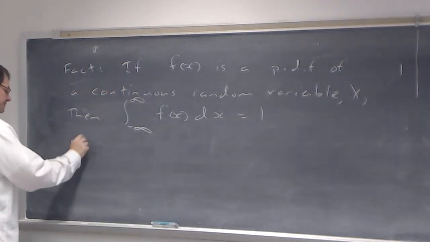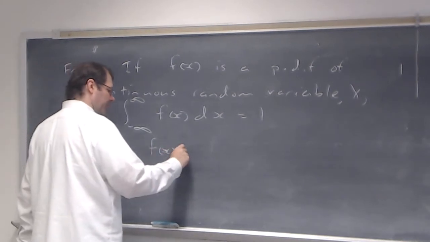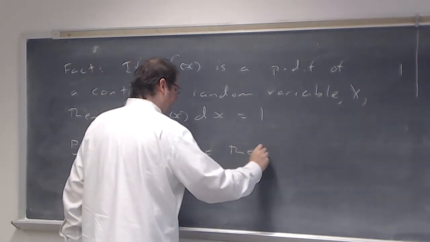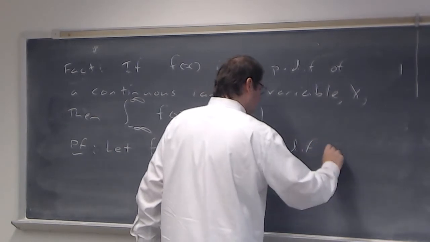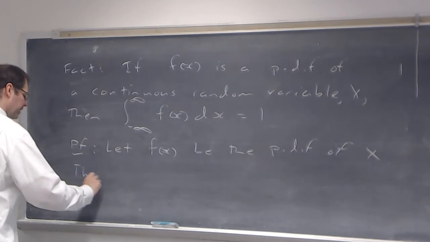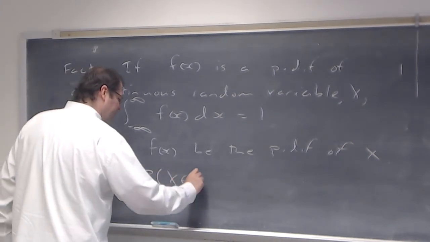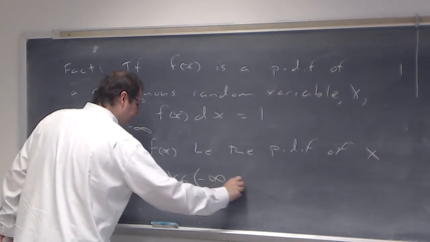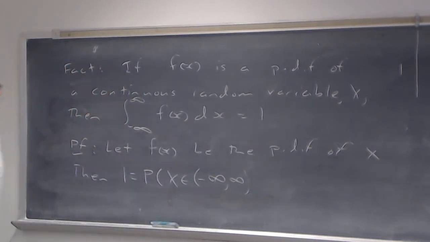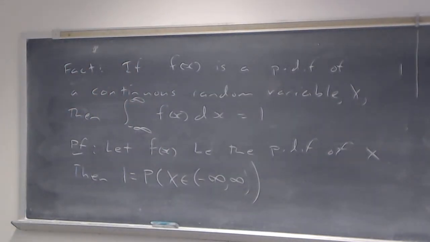And the proof of this fact: if we let f of x be the PDF of x, then here's the first thing I know. 1 is equal to the probability that x is an element of minus infinity to infinity. So what does x do? X is a random variable, so it grabs outcomes of experiments and associates to them real numbers.